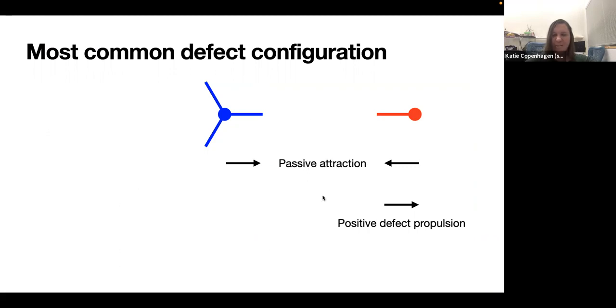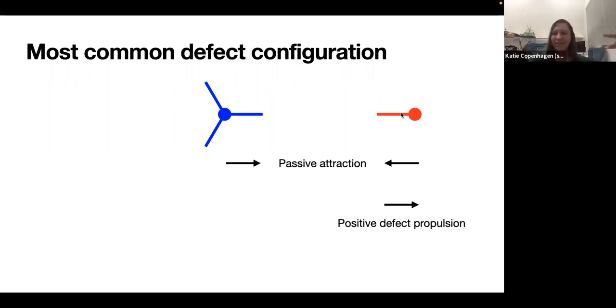So I think this happens most often. This I'm also working on. This is preliminary, but basically you have a passive attraction between oppositely charged defects. And then you also have your positive defects propelling themselves in active nematics, which has been shown in a lot of systems before. So the propulsion towards the head of your defect is opposing the passive attraction between them.